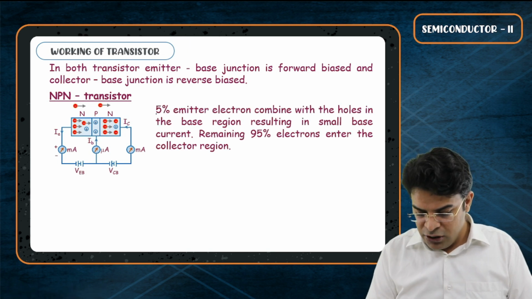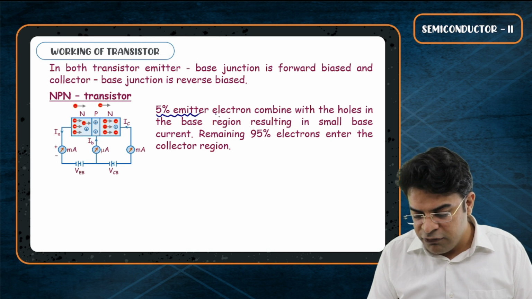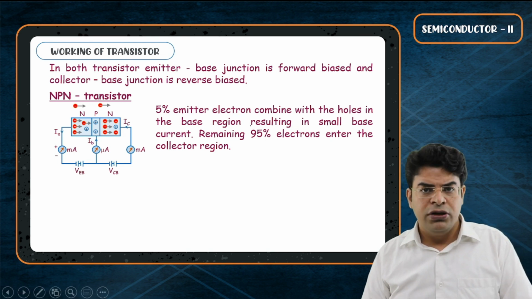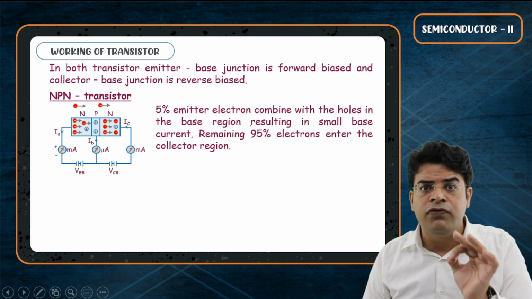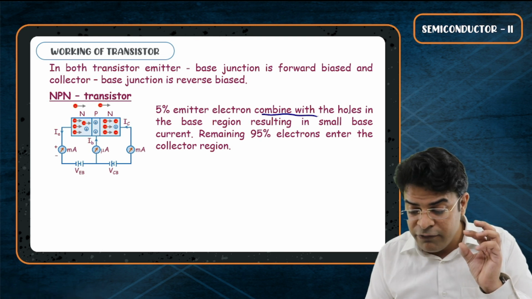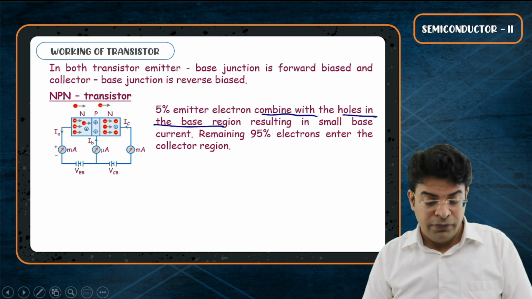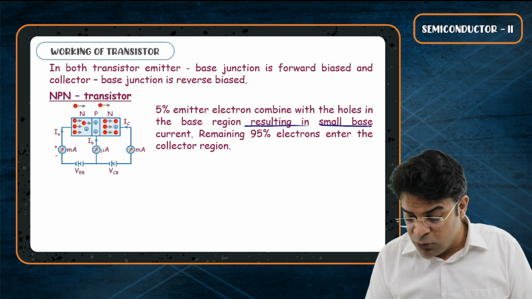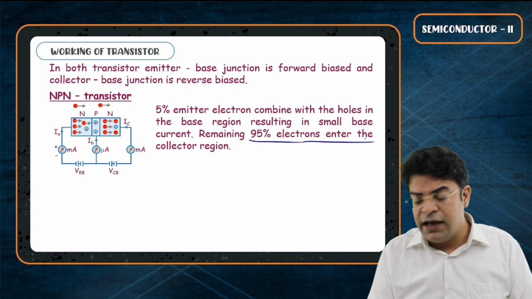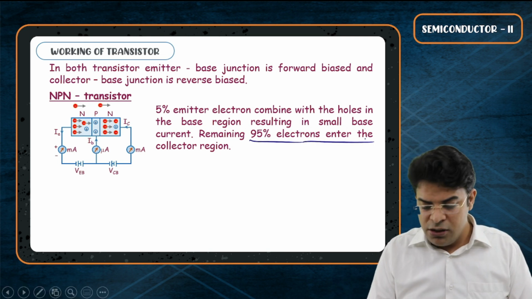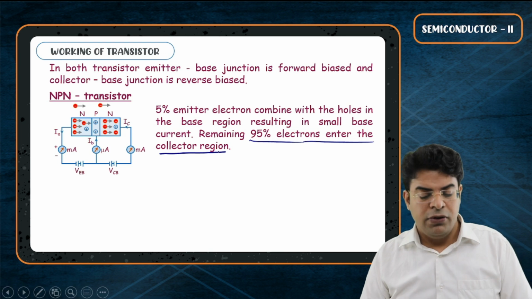Now bachcho, understand that 5% of the overall electrons coming out of the emitter combine with the holes in the base region, resulting in small base current. Remaining 95% of the electrons coming out of the emitter move to the collector region.